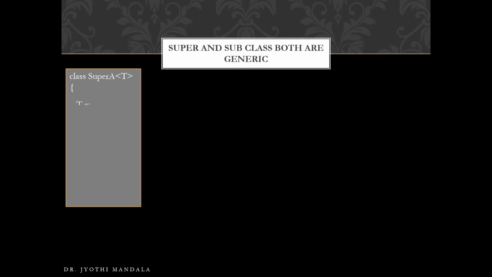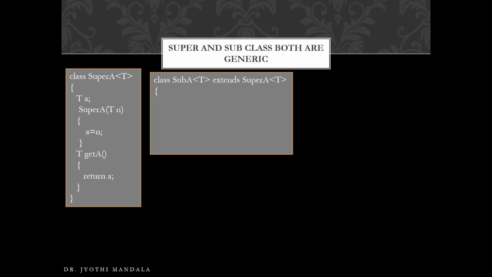The third way is where your superclass and subclass both are generic. So here what happens? Your superclass is also a generic class. So we are taking an instance variable, one constructor and one method. And similarly, you are taking one subclass which is also generic. So that's why we have placed the placeholder here also and here also, which extends the super A, and this has its constructor. Right?